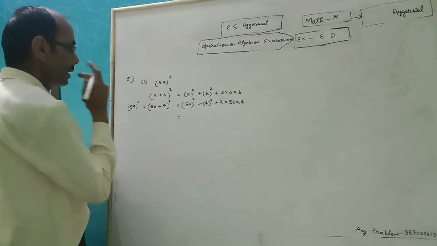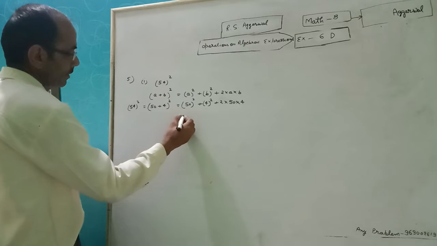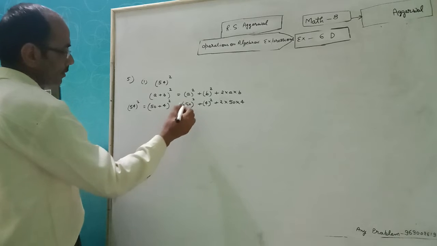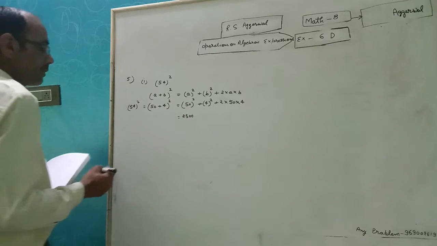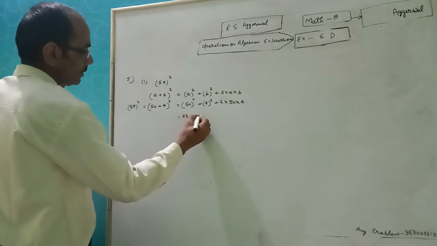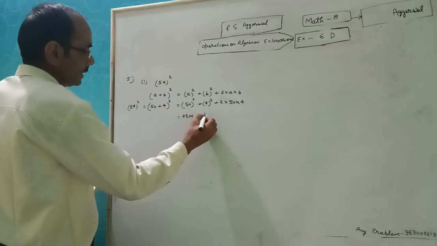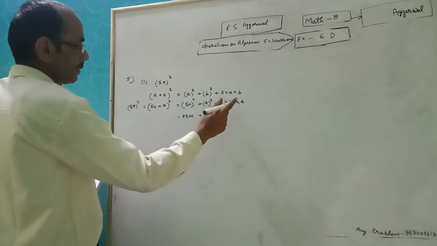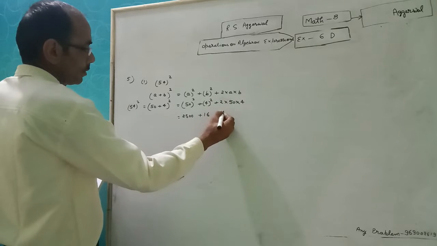Remove the square. 5 square is 25 with 00, plus 4 square is 16, plus 2 into 50 into 4 is 400.